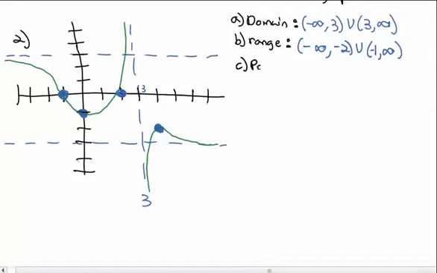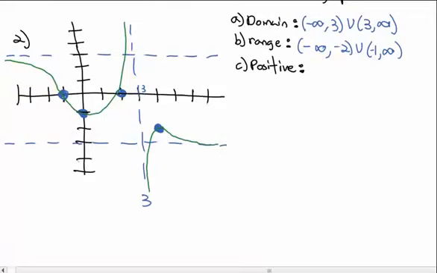Next, I want to know, where is the graph positive? Remember, positive means above the x-axis. And we describe it in terms of what x values are above the x-axis. Well, notice this graph starts out above the x-axis, then it's below for a while, and then it's above for a really brief moment in time.